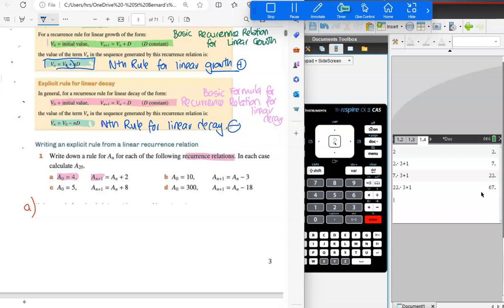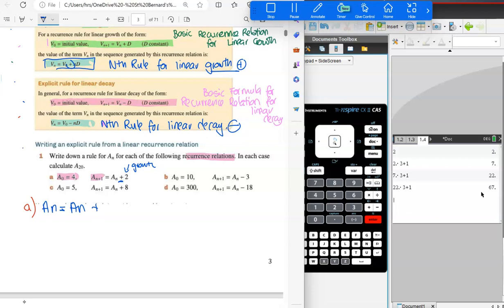So if I was doing this first one, this is the first one. If I look, this is a growth. So when you write the nth rule, you write VN or AN, and then you do plus, and you have to do the D. Now, the D is what's being added on every time.